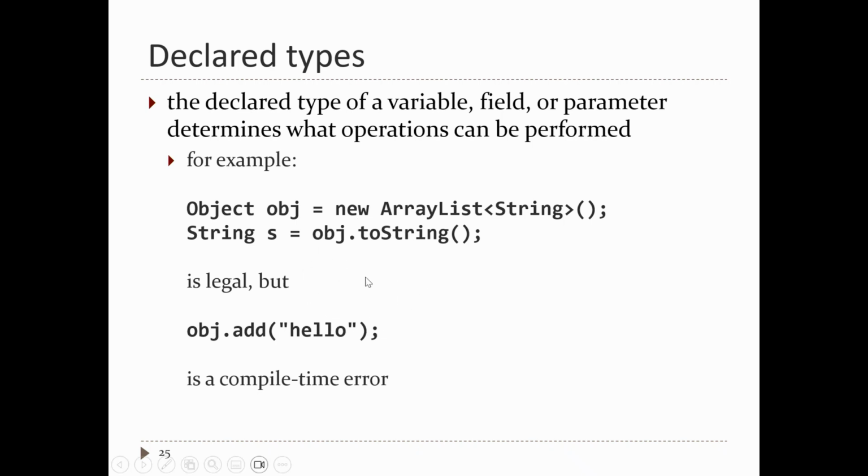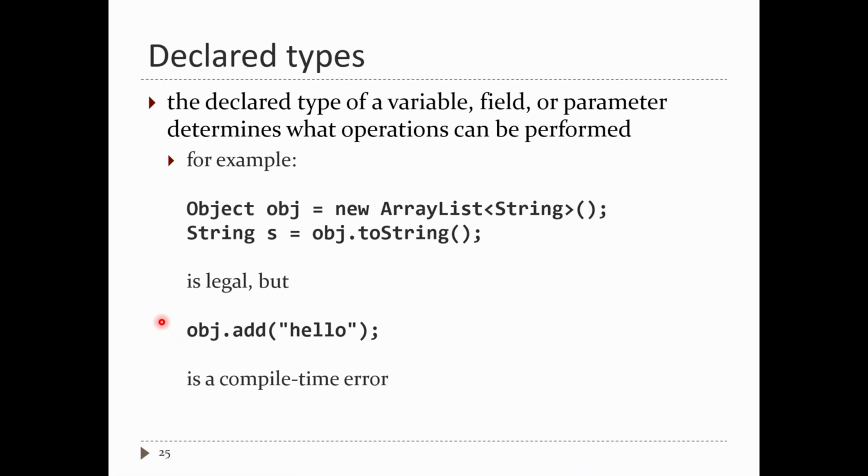The mistake that's often made by programmers new to object-oriented languages is that they try to use the type on the right-hand side. They try to call a method belonging to the type on the right-hand side when using obj. So you might say, hey, obj is really an ArrayList, and I know that every list has an add method, so why don't I try to use obj to add the string hello to my list?